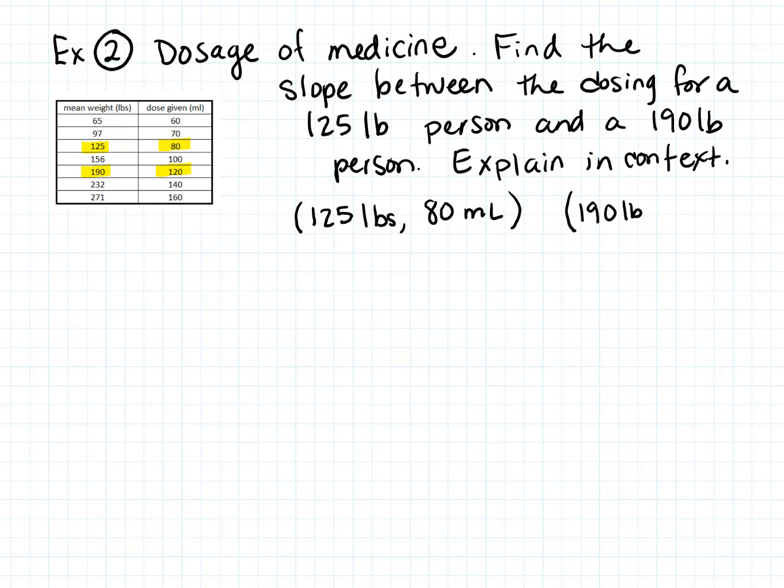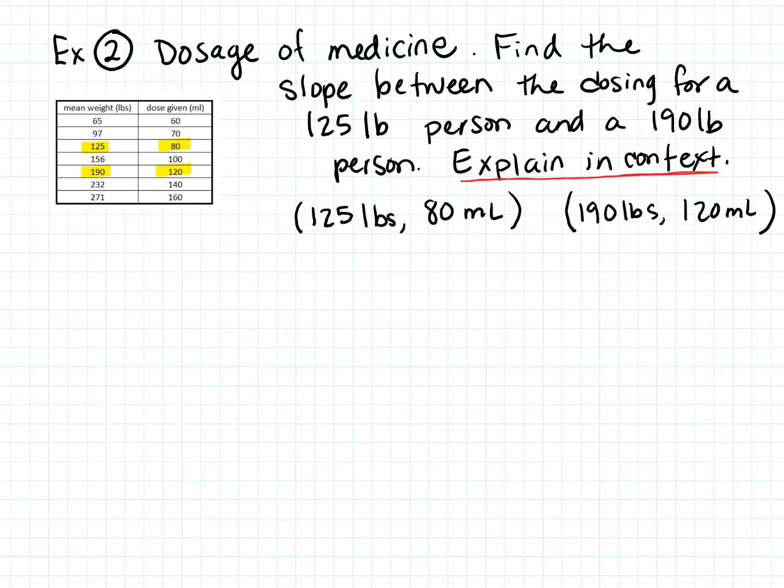And I'm going to put the units on because of this particular sentence right here. It says explain this in context. So it's going to be important that we know what the units are in order to do this in context. So 190 pounds and 120 milliliters. Okay, so those are my 2 ordered pairs.